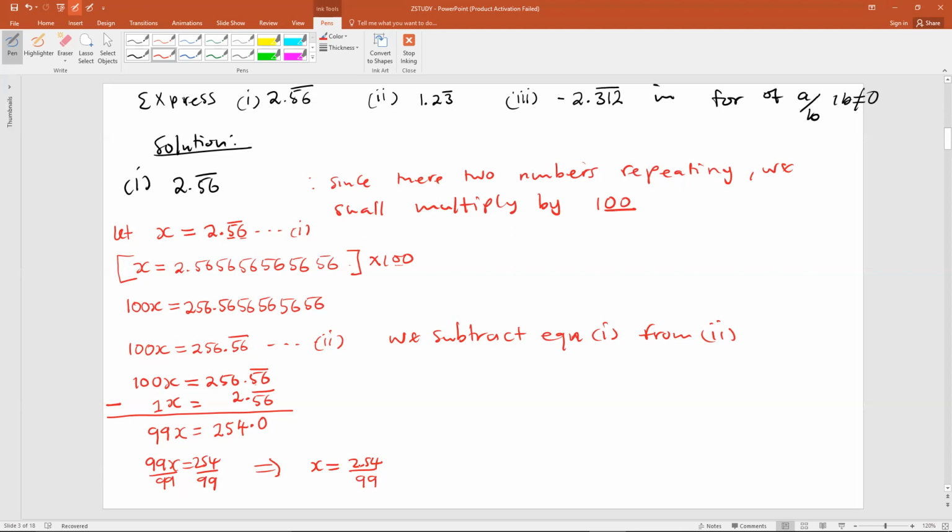So it means 254 over 99 is already in its simplified form. Okay, you get me right. So you have just expressed this in the form of a over b.